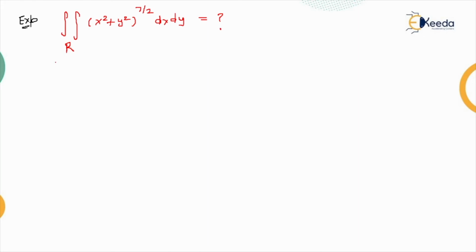And what is R actually? That is also mentioned, where R is the interior of the circle, and that is given to you, that is x square plus y square is equal to 1. So this is the question.